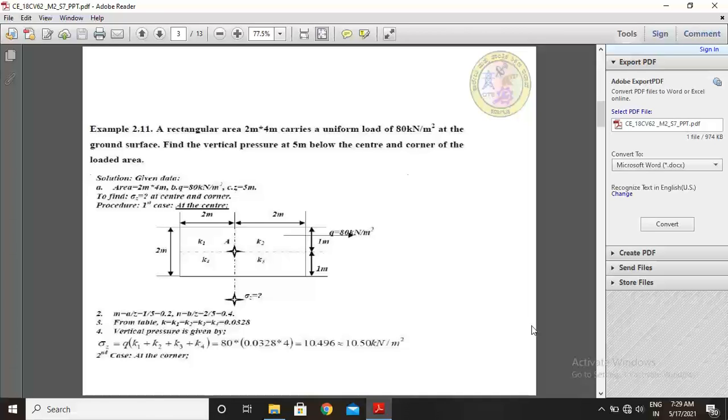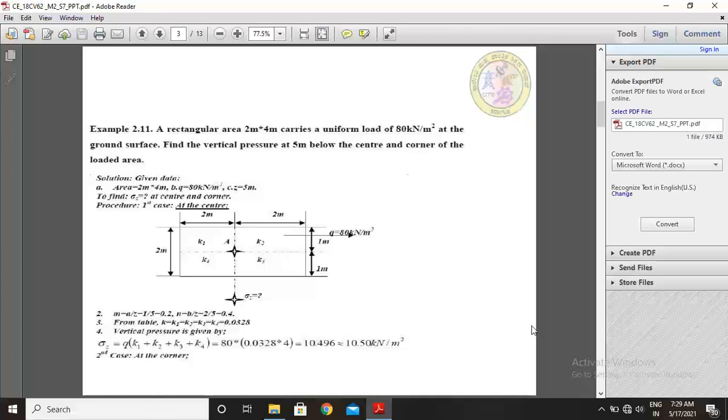Next problem, that is the 11th problem. A rectangular area 2 meter into 4 meter carries a uniform load of 80 kilonewton per meter square at the ground surface. Find the vertical pressure at 5 meter below the center and corner of the loaded area.